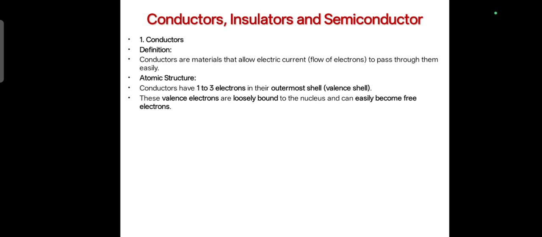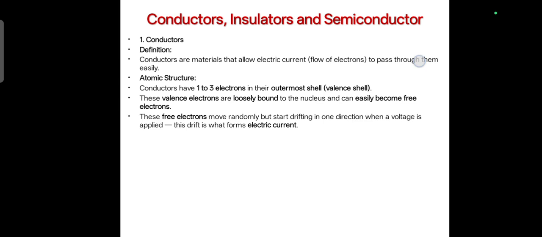So these electrons available in the outermost shell are loosely bound to the nucleus, so they easily become free electrons. These free electrons move randomly but start drifting in one direction when voltage is applied. When we apply voltage to that material, it forms the electric current.